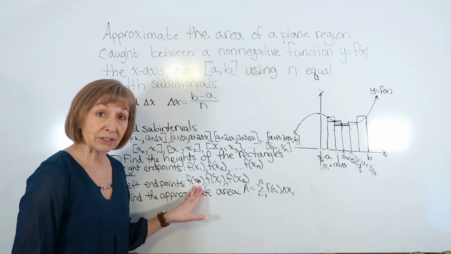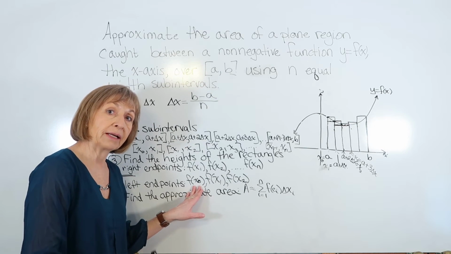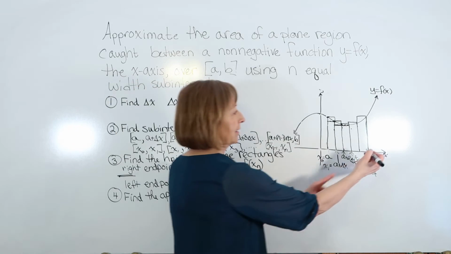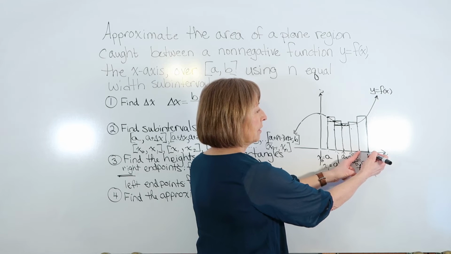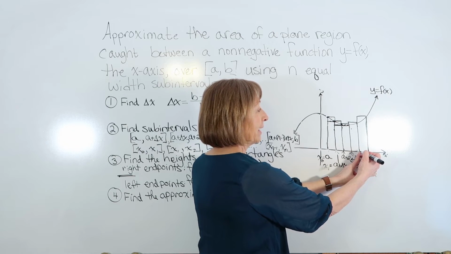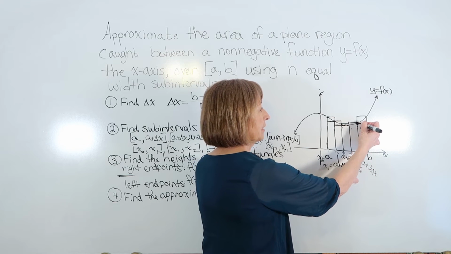So for my first subinterval, the x I used is x sub 0, and I ran it through the function to get the height. So for my very last rectangle subinterval, using the left endpoint, I'm going to run x sub n minus 1 through the function to get the height.